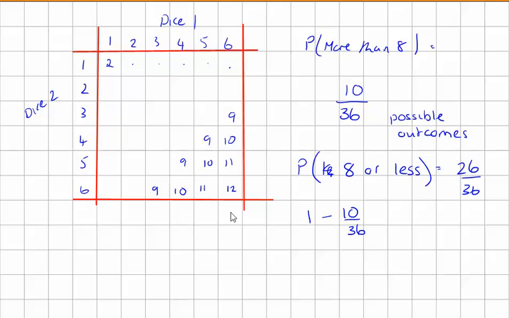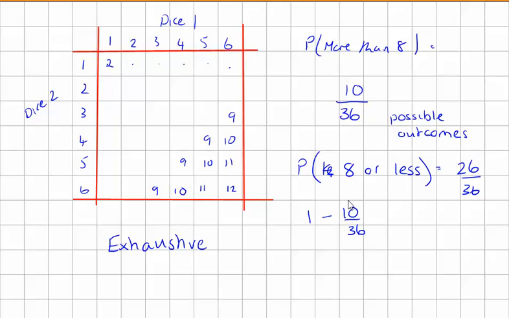Those two events are exhaustive because there is nothing else. You are either more than 8 or you're 8 or less. You can't have anything else. If I said more than 8 and less than 8, would that be exhaustive? No, because 8 is left out. Exactly.